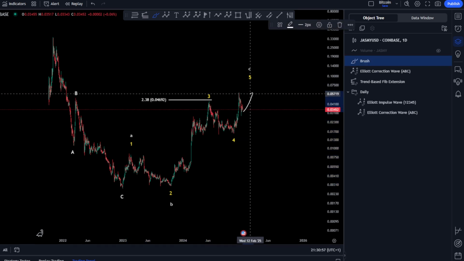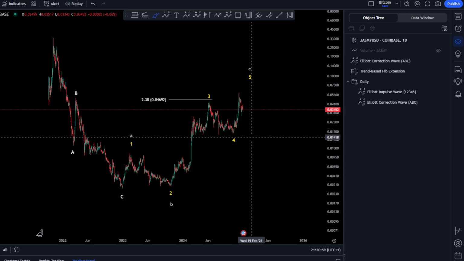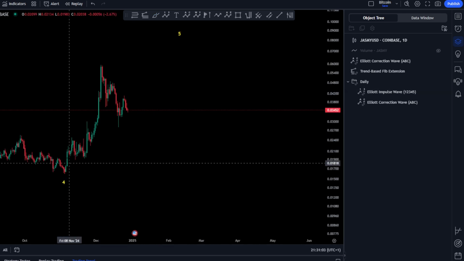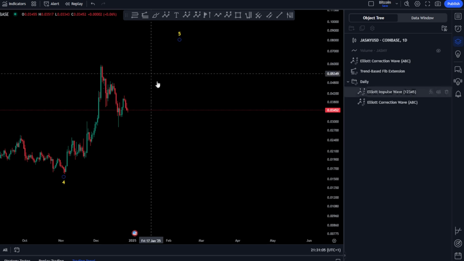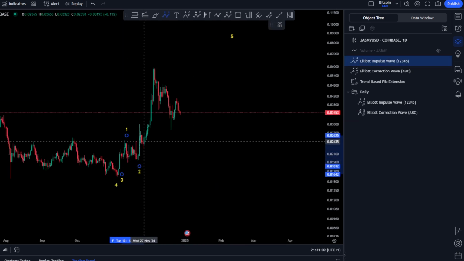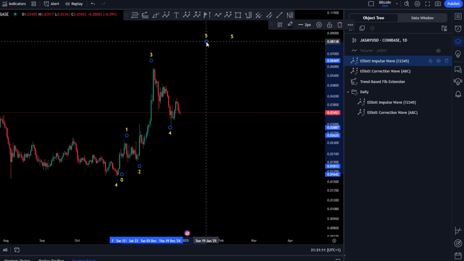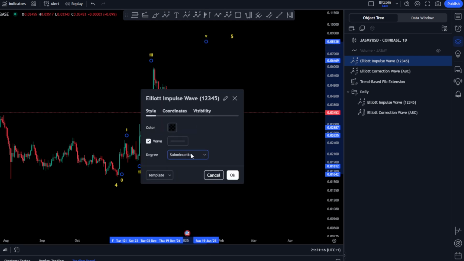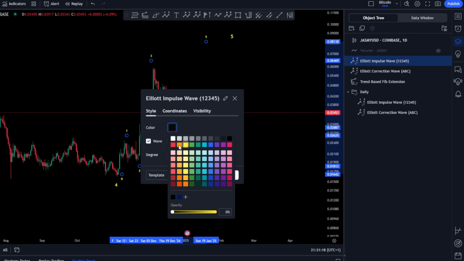So probably we are looking, of course, still for higher prices, because if we take a closer look in this area, we see a 1, 2, 3, 4, and a 5, probably not finished yet. So if we label this as a 1, 2, 3, 4, and a 5, let's put it in a smaller label and even smaller like this.